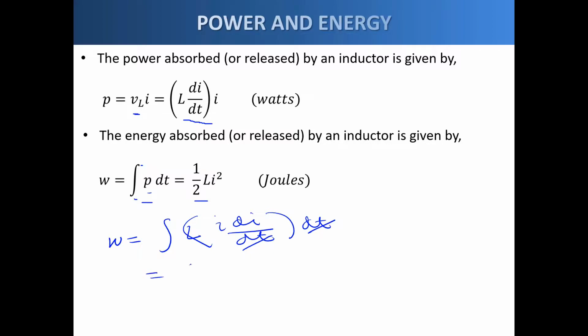L is a constant. The integral of i di will give us 1/2 i squared. So therefore, energy would be 1/2 L i squared. So if current changes, the amount of energy that was stored or released by the inductor would also vary.